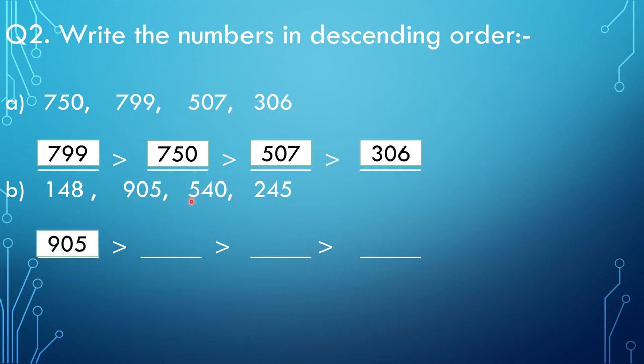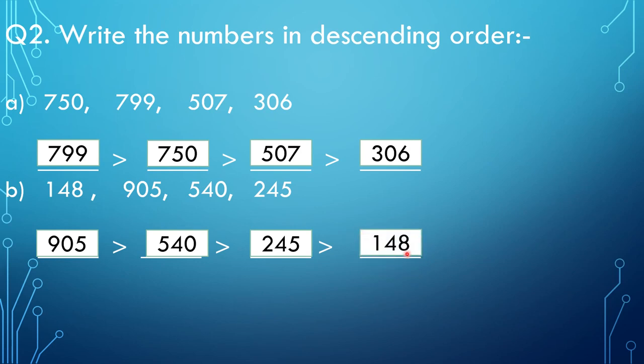After that we will write 540 and then 245 or 148, that is 245 and at the last we will write the smallest number 148. So how we can read it? 905 is greater than 540, 540 is greater than 245, 245 is greater than 148.